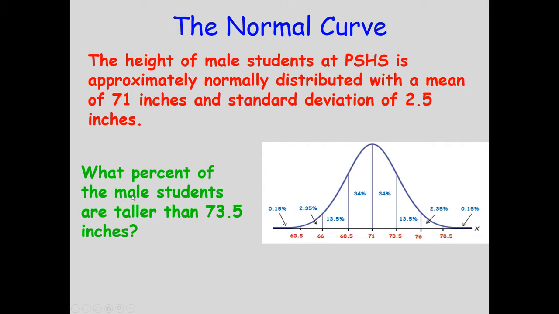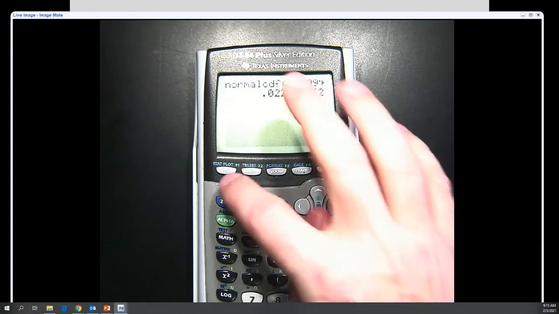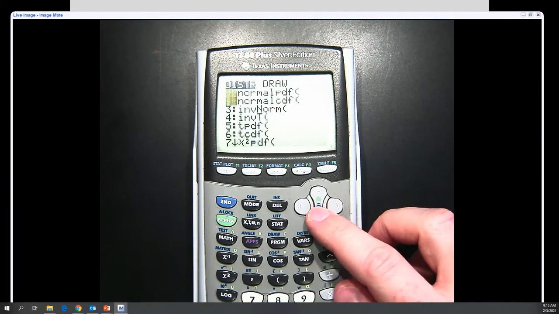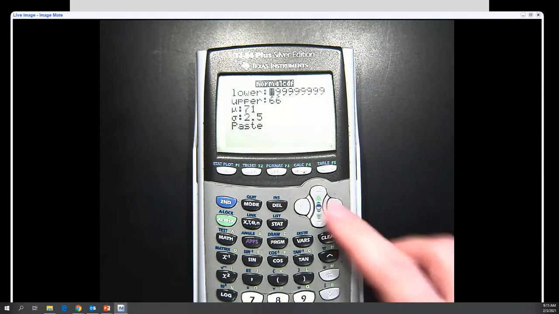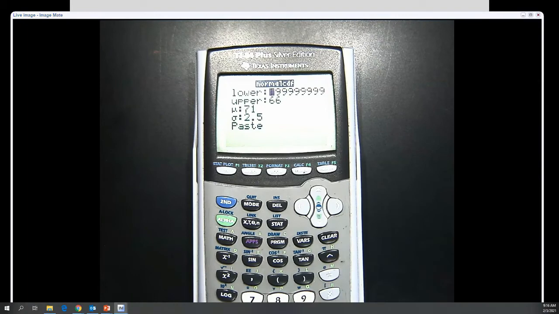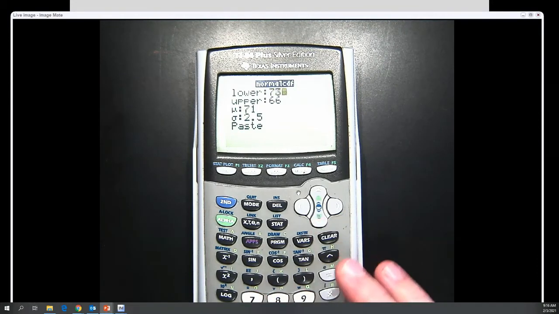So this one wants people taller than 73.5. I'm going to go back to second distributions, normal CDF. We want taller than 73.5, so I'm going to type in 73.5.